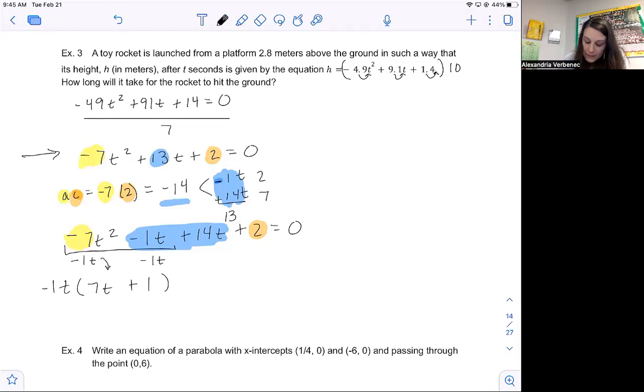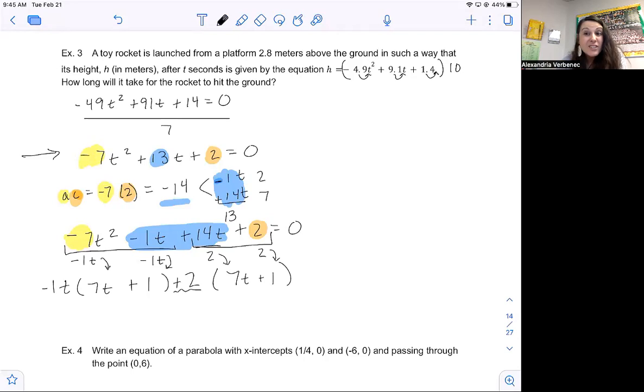Then I'm going to leave a space here before my next parenthesis. I know I want this to be 7t plus 1. So by working backwards, what do I need to divide 14 by? Or what is the GCF between 14t plus 2? It's 2. I'm going to have a positive 2 on this little squiggle line. When I divide by 2, I get what I'm supposed to.